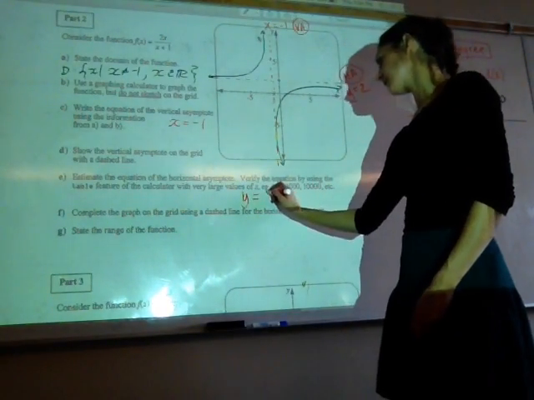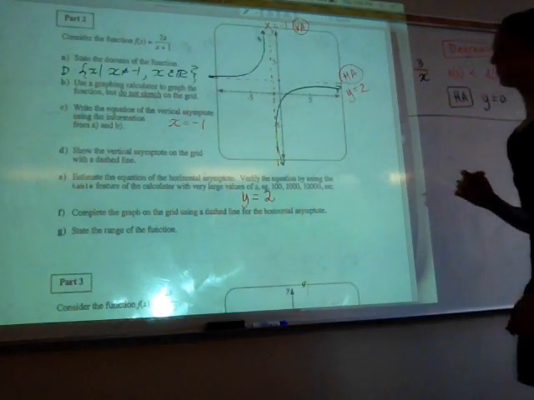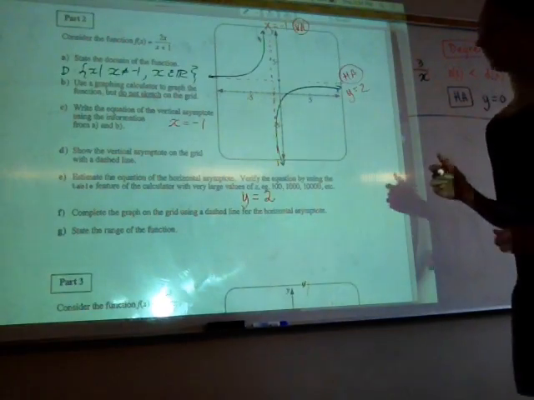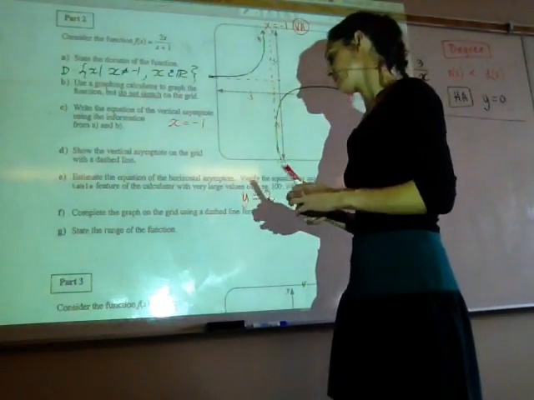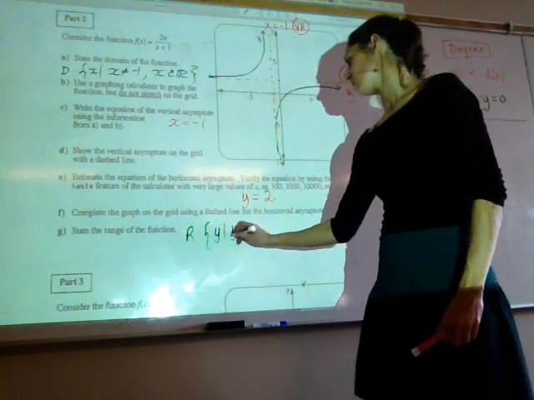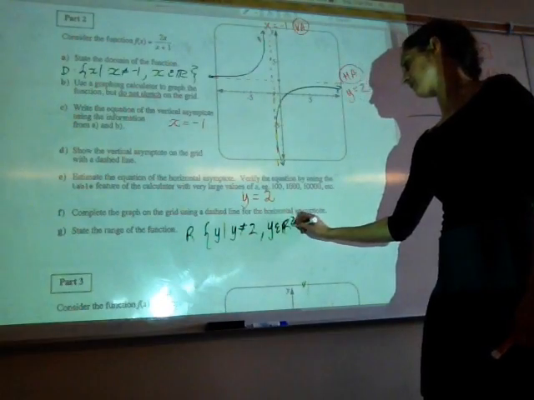We've estimated that the horizontal asymptote was at y equals 2, and we've shown it with the dashed line. Now let's state the range. Y cannot equal 2, and the rest is a set of real numbers.